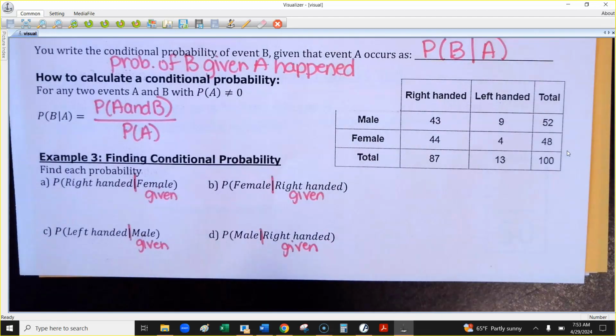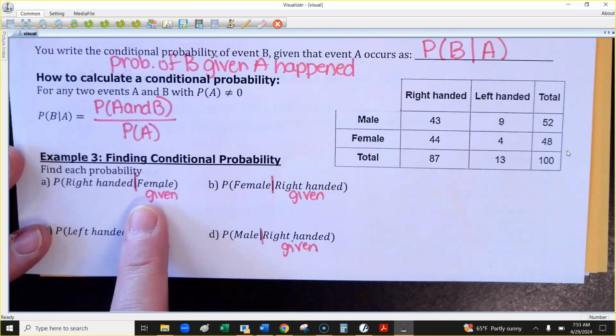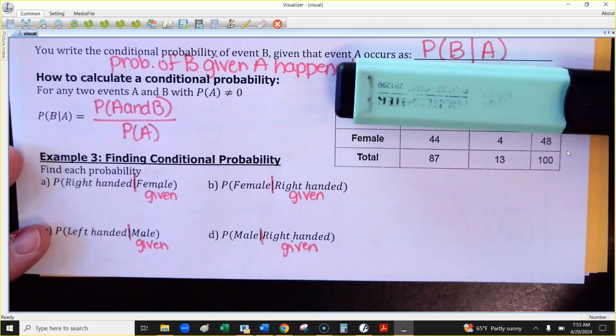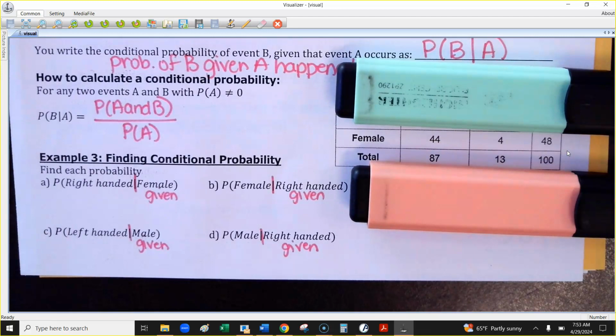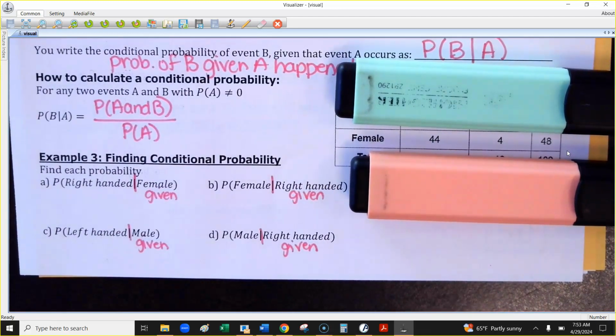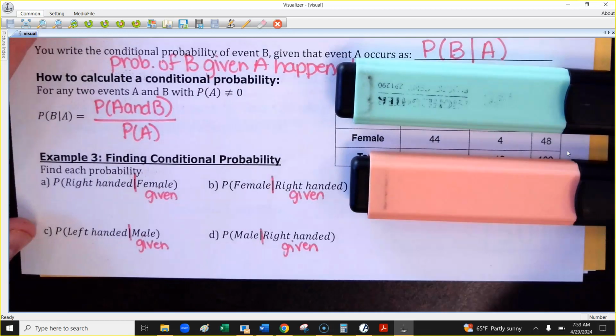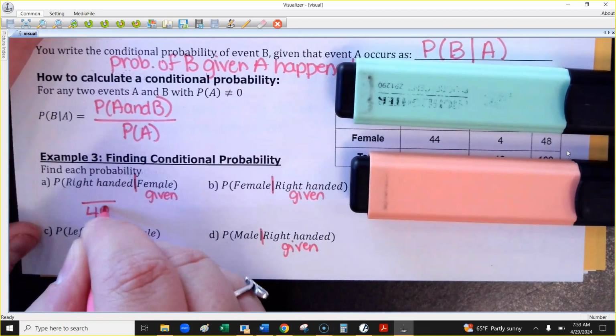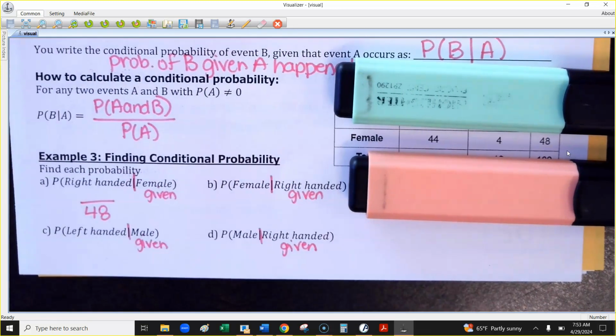Okay, so if I am given that the person is female, I would literally only look at the row where I have the information about the person being female. So I know the person that I picked is female. Given that, what's the probability the person would be right-handed? That first column is right-handed, that second column is left-handed, and I just covered those up. Given that the person is female, the number of females in the table would go on the bottom of the probability.